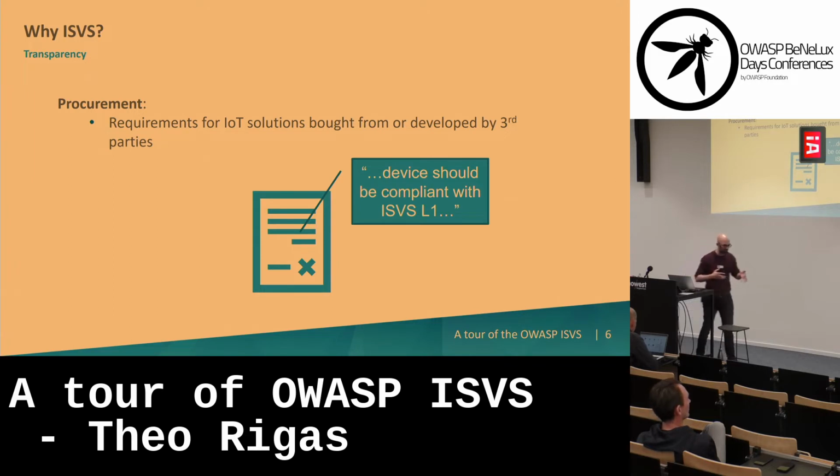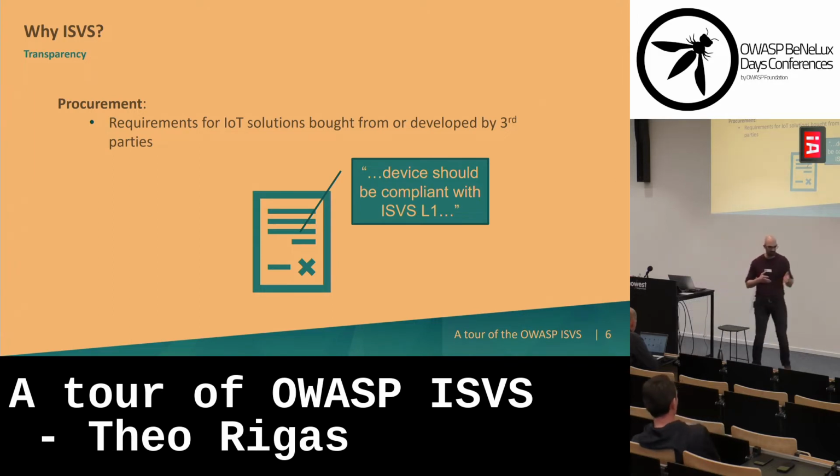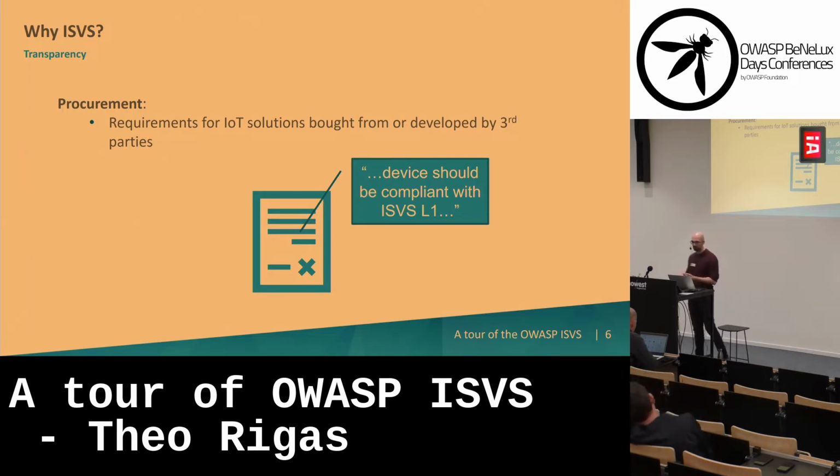So it would be nice to have a tool to easily, during the procurement process, come up with requirements for IoT solutions. For example, let's say you have an awesome idea about an IoT application, but you want a third party to develop it.